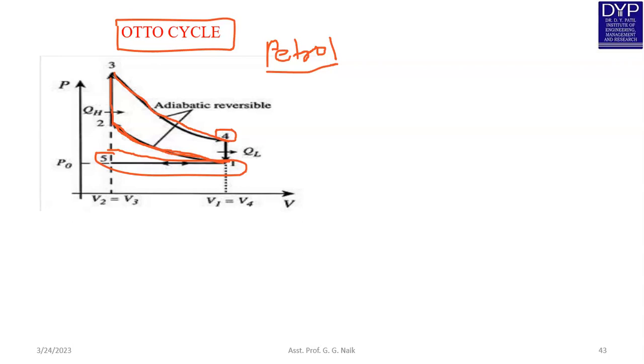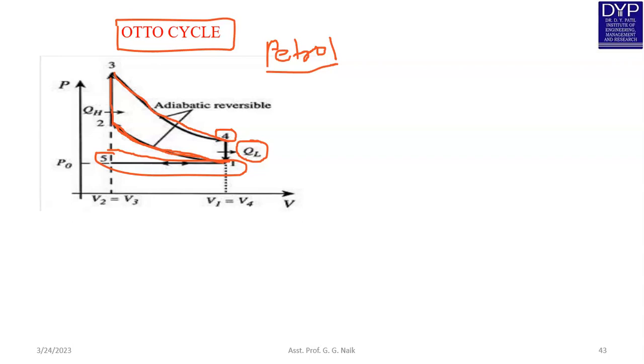And 4 to 1 is the exhaust process, during which heat is rejected to the surrounding. So we have to remember, in this Otto cycle there are two constant volume processes and two adiabatic or isentropic processes. One is isentropic compression and one is isentropic expansion.